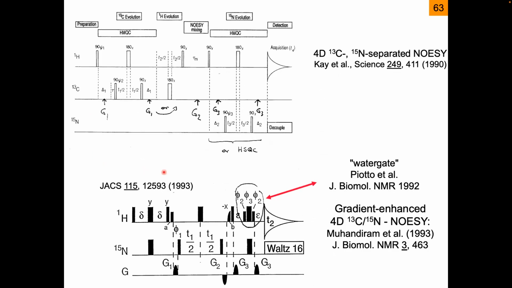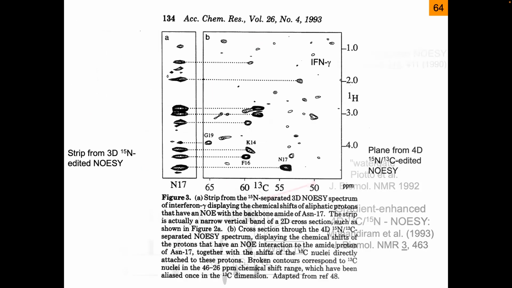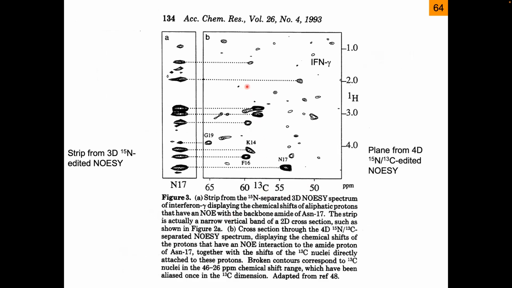I think here are some sequences. This part here may be better replaced in the end by this Watergate thing. But the outcome of it is now the following. On the left side, you have a strip from a 3D NOSE, 15N edited, of interferon gamma.